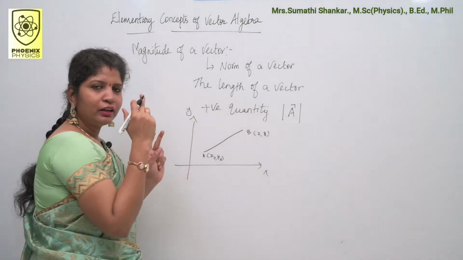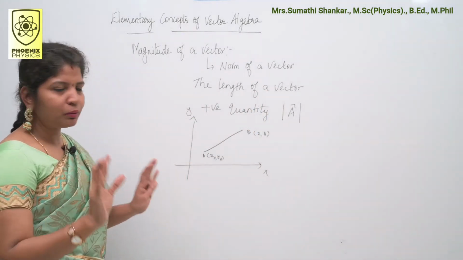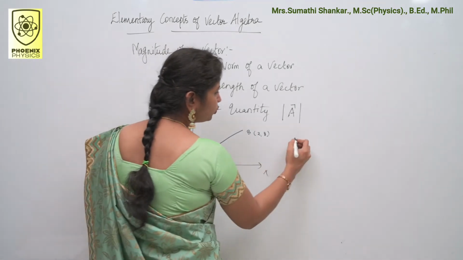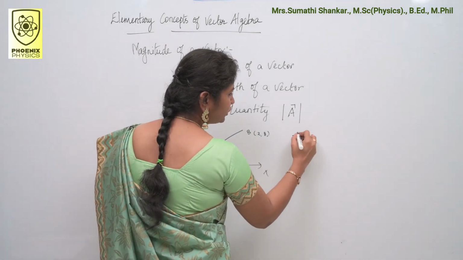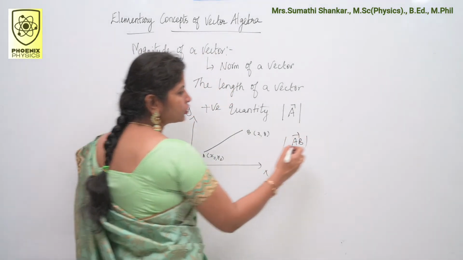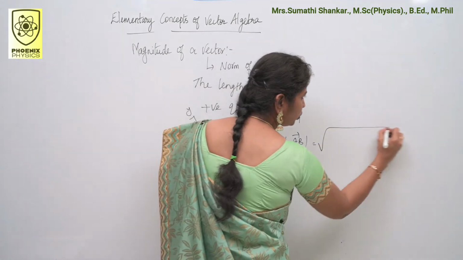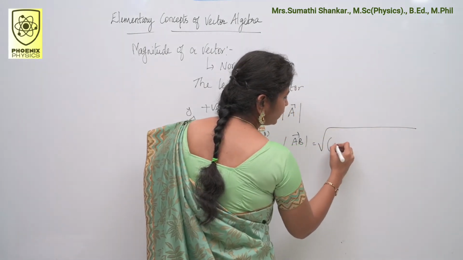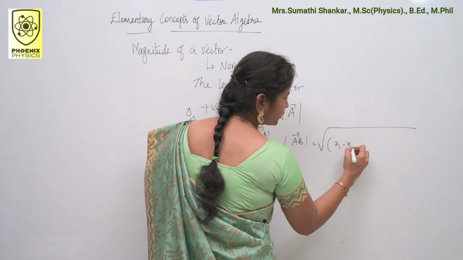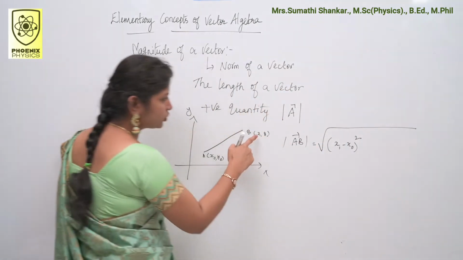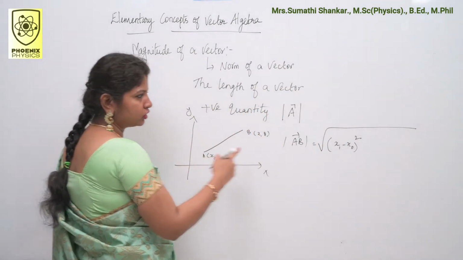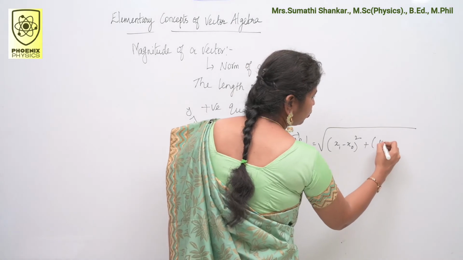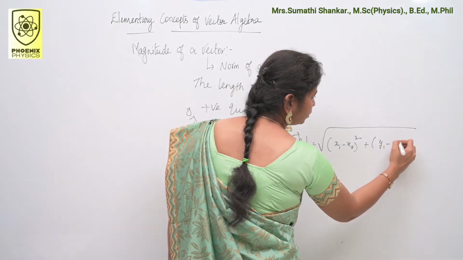So the length or distance is nothing but the magnitude. Here I am going to find the magnitude AB. So AB is nothing but the root of (x1 minus x0) the whole square, this is x1 and this is x0, plus (y1 minus y0) the whole square.